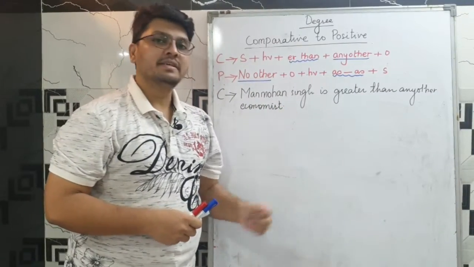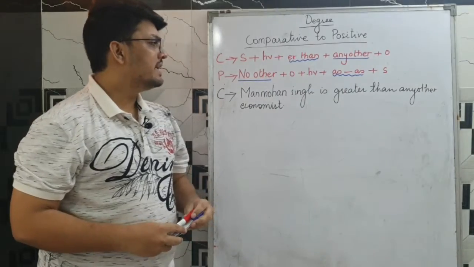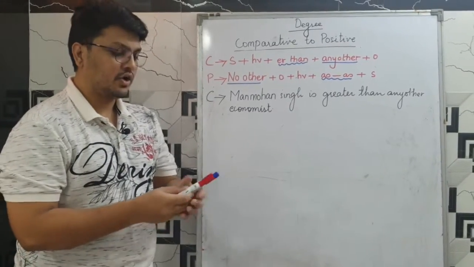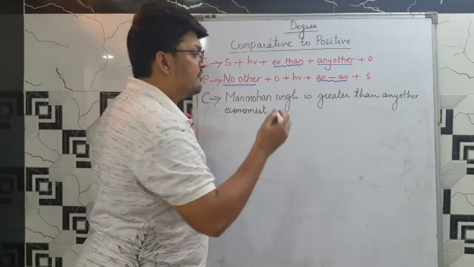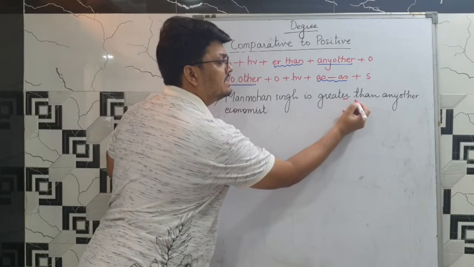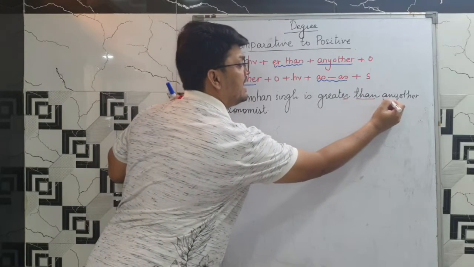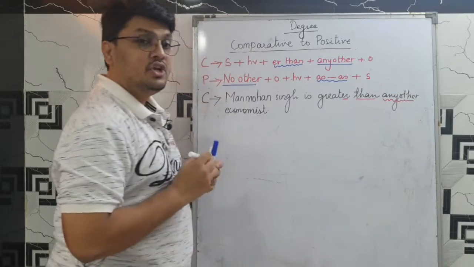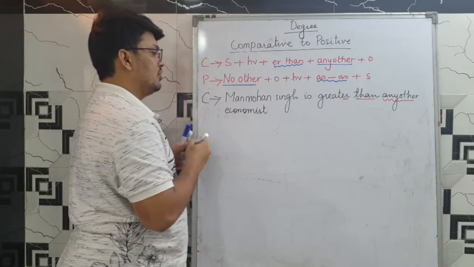Now we will analyze this sentence. Manmohan Singh is greater than any other economist. As I told you, if the sentence is in comparative degree and it has any other in it, begin positive degree with no other.